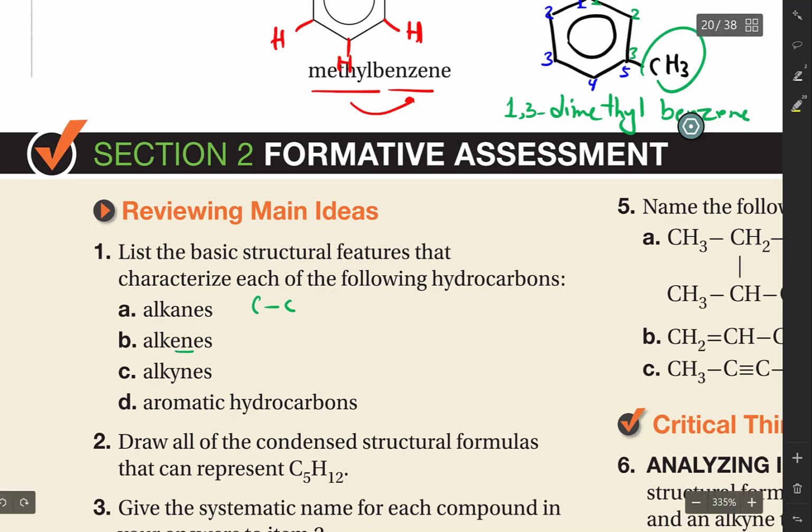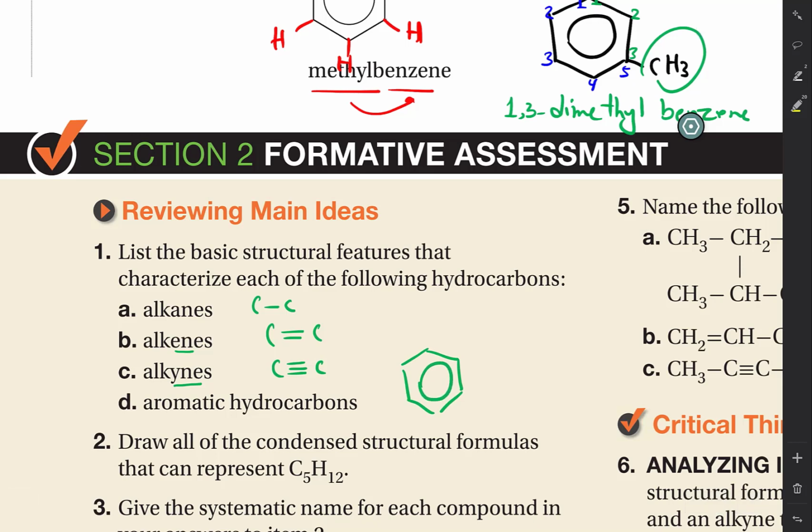Alkenes, ENE: we have at least one carbon-carbon double bond in the structure. For alkynes, YNE: we have at least one carbon-carbon triple bond inside the structure. And for aromatic hydrocarbons, we have a benzene ring inside the structure.